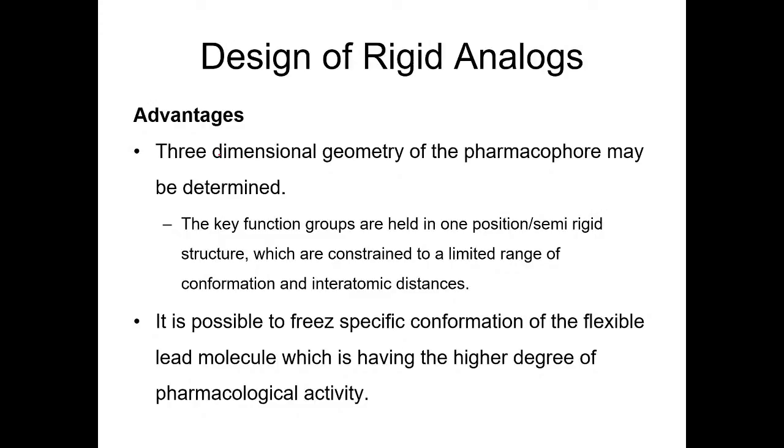So what is the advantage of designing rigid analogs? It helps to maintain the three-dimensional geometry of the pharmacophore. If you are able to find out in what conformation a molecule shows the best activity, you can hold the pharmacophore in that particular conformation by introducing rigidity.